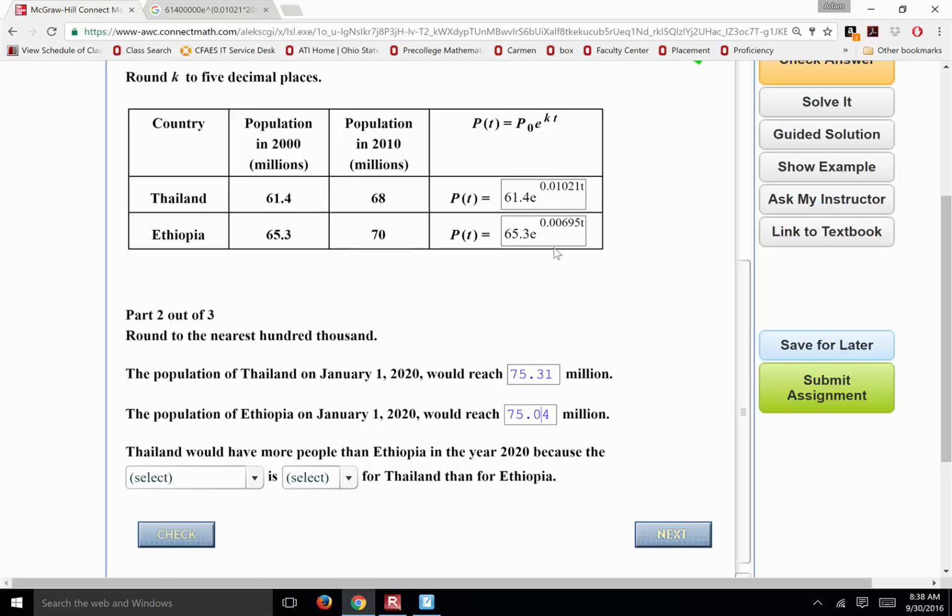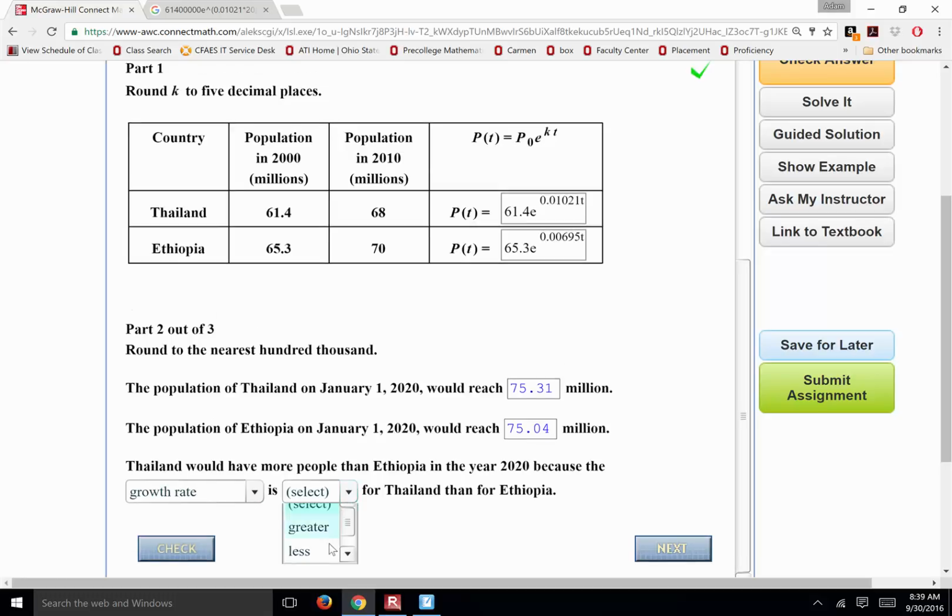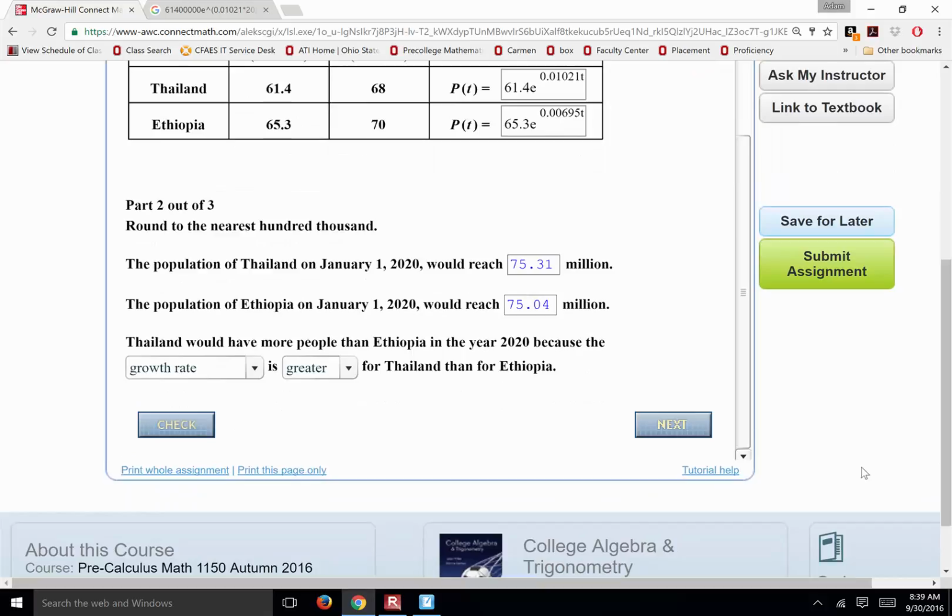I can compare them right here. That's why Ethiopia is less. Thailand would have more because of growth rate, not the initial population. Initial population, Ethiopia is more, but the growth rate is greater for Thailand than for Ethiopia.